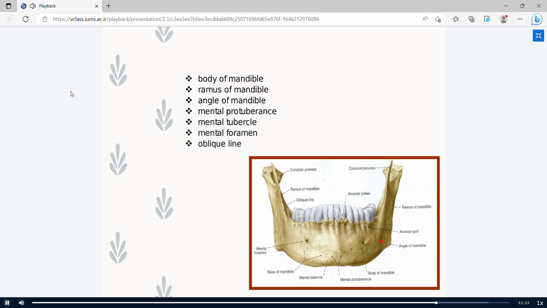There is a line called the oblique line on the body. This is the oblique line. It is a continuation of the anterior border of the ramus on each side, and you can see the oblique line on the body and ramus.